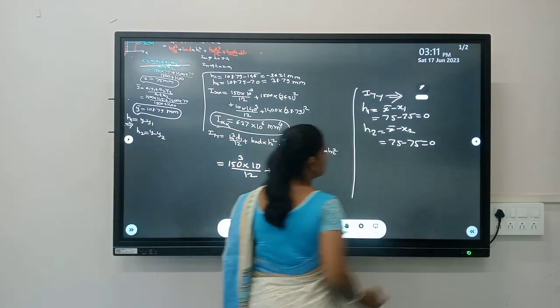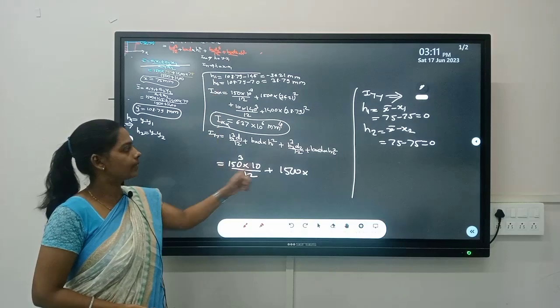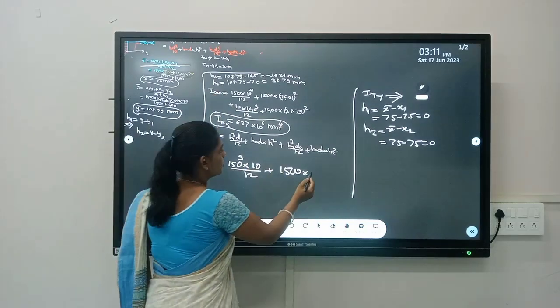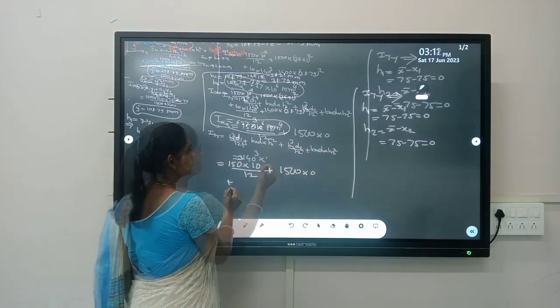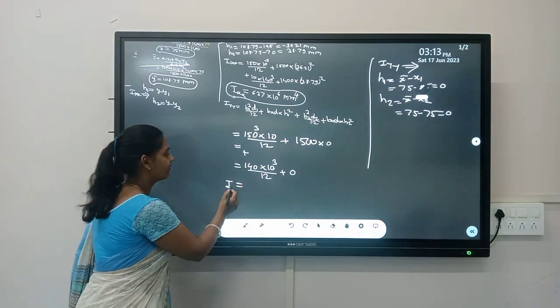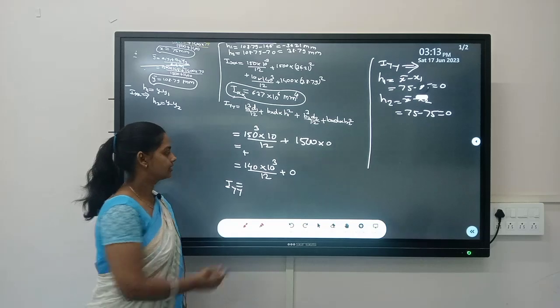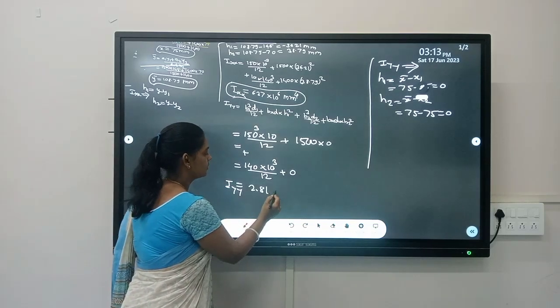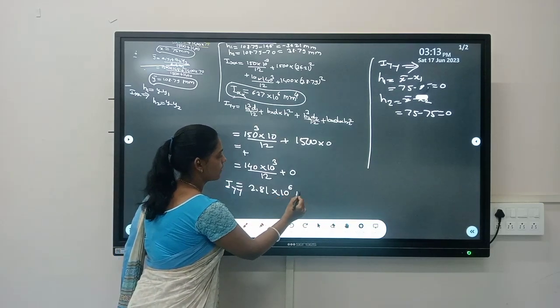So it becomes 0. Since the given figure is symmetrical along vertical plane, this value becomes 0. So into 0 plus, tell me the calculation for Iyy. 2.81 into 10 raised to 6 mm raised to 4.